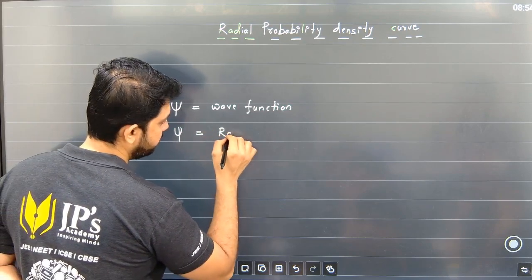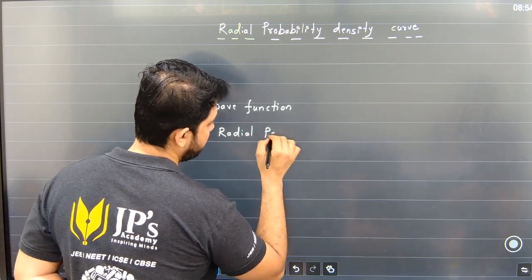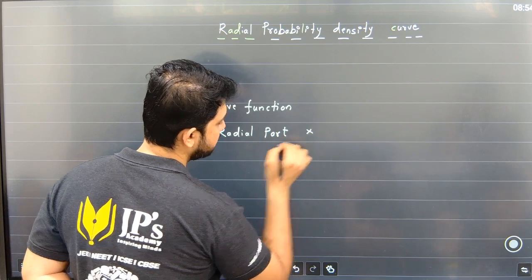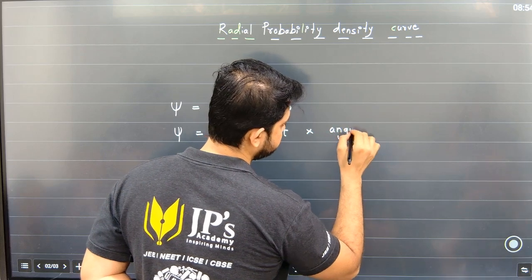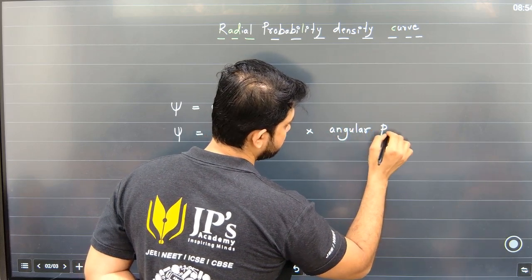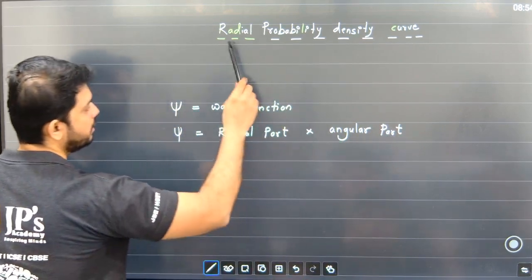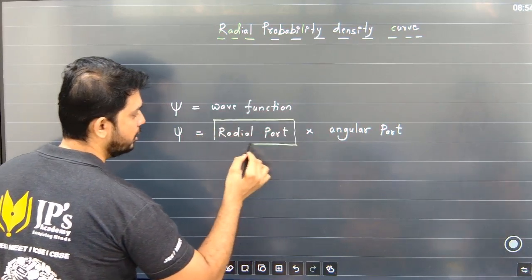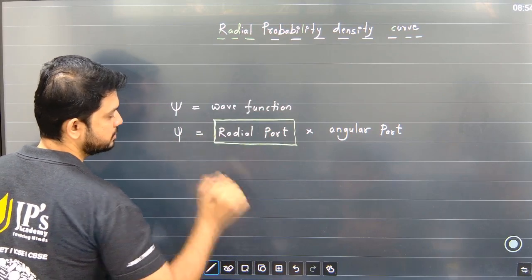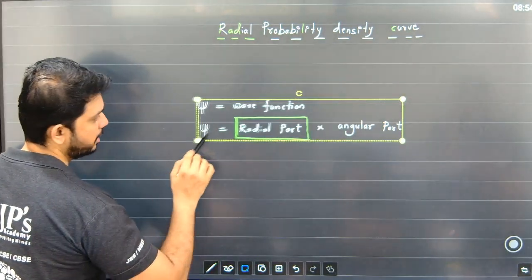There is a radial part of the wave function, and there's one more part. There is an angular part. Now, from that we're going to plot only the radial part. The angular plots are not in the syllabus for us. I repeat, we're going to plot only the radial part of the wave function.